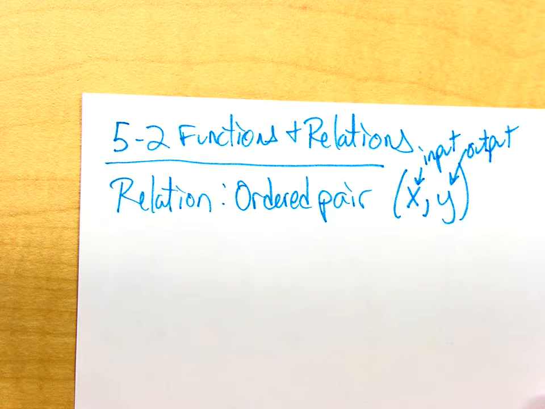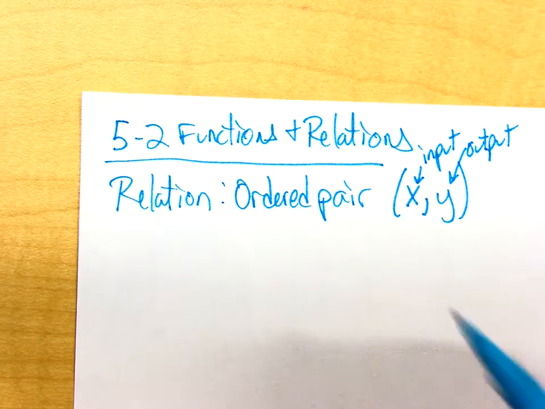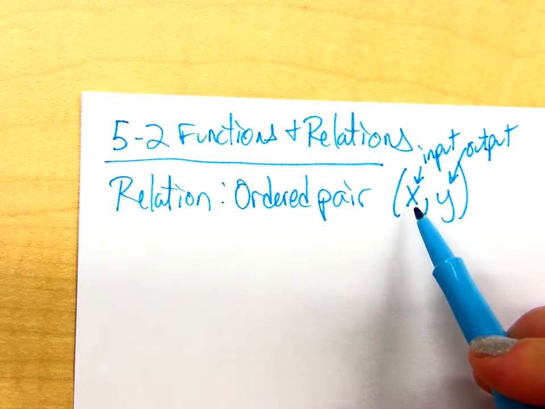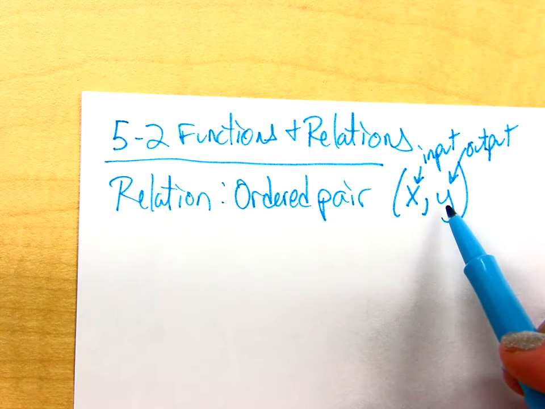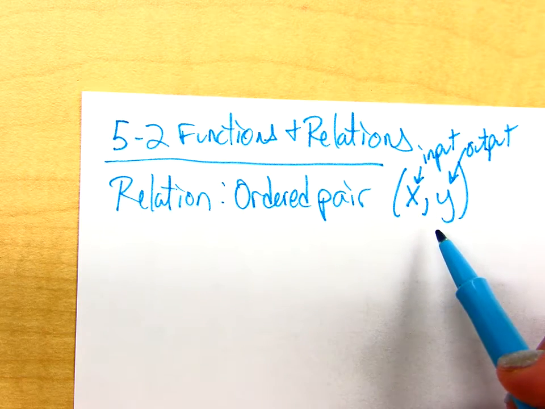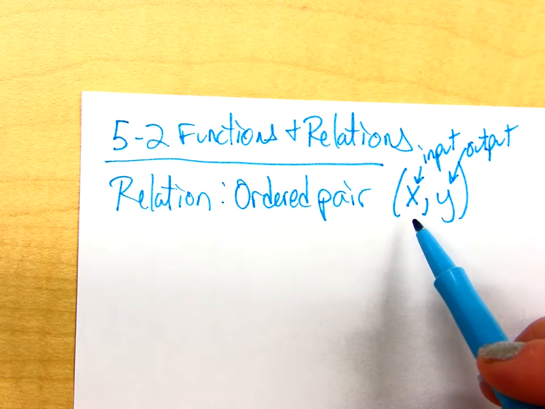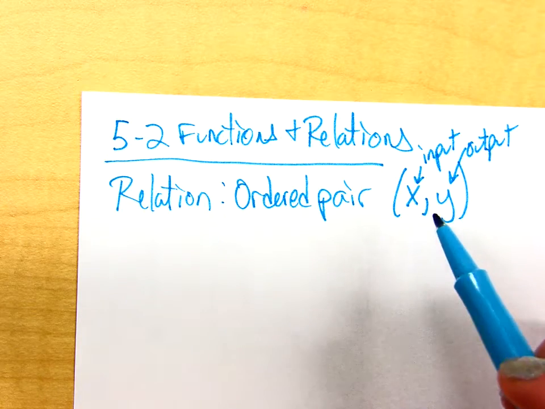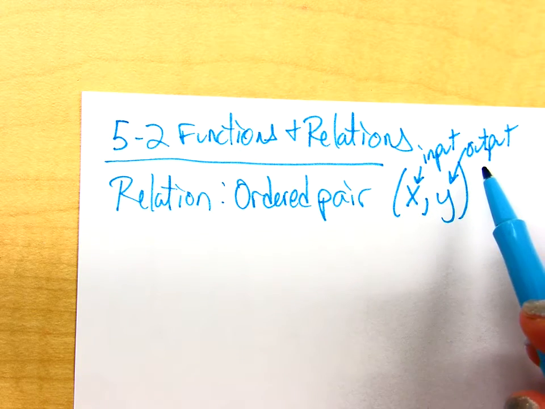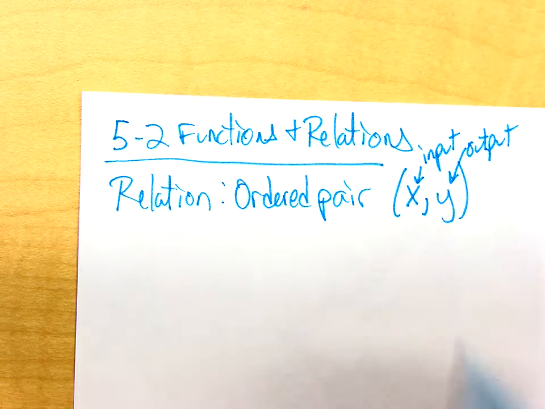Now, a function is when whatever you put in only spits one number back out. It doesn't spit two numbers back out. So functions are when for every input there is exactly one output, is what we always like to say.